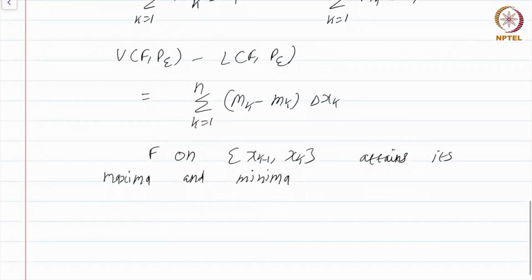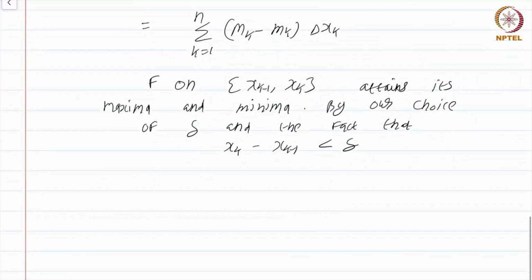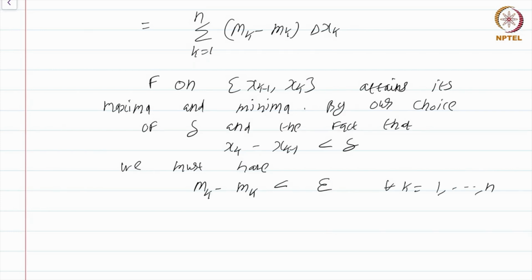Okay, but by our choice of delta and the fact that xk minus xk minus 1 has to be less than delta, because we chose the partition that way, we must have capital Mk minus small mk less than epsilon. And the beauty of this fact is that this is true for all k from 1 to n, irrespective of the choice of k.